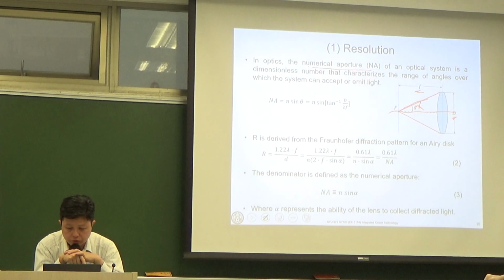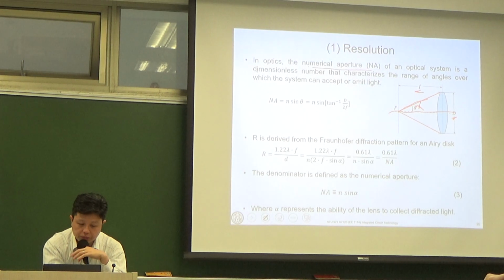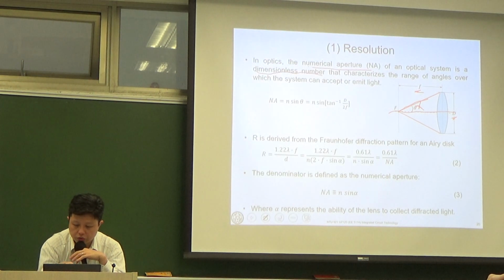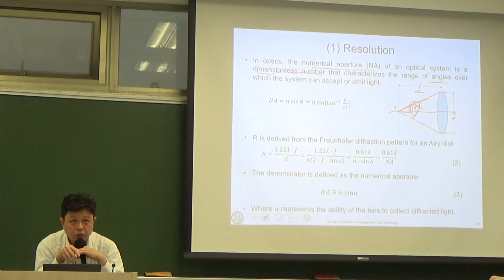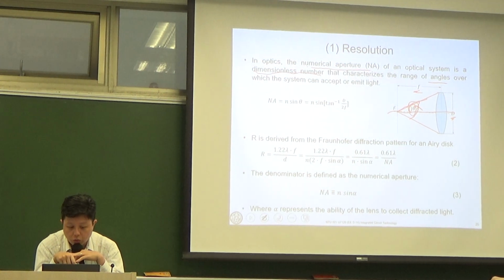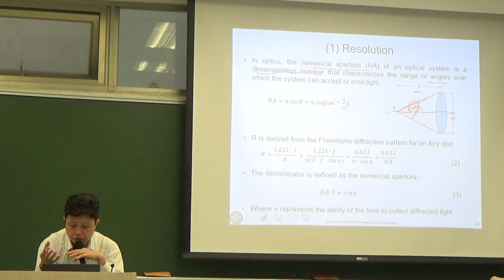So numerical aperture is a dimensionless number that can be used to characterize the range of angles, which means the theta here, over which the system can accept or emit light. So if we want the numerical aperture as large as possible, we can collect or emit more light using this lens, these optical systems.